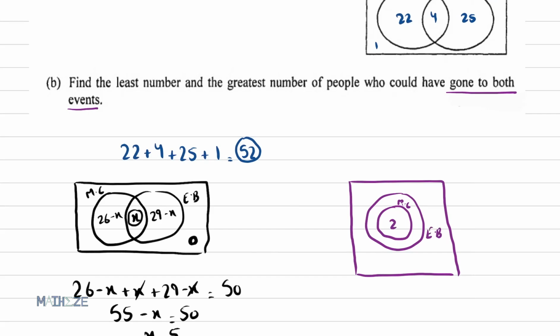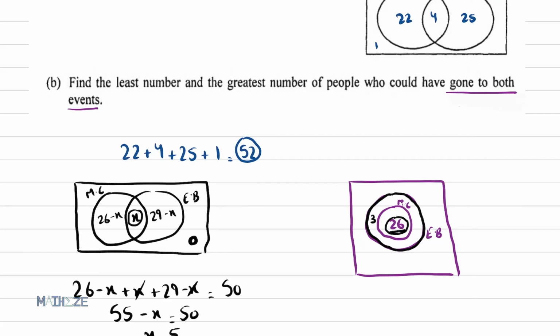In morning cruise, how many people were there? 26. In evening barbecue, there are total 29 people. 26 are already here. So how many more needed? 3. These 26 people represent that they are going for morning cruise also and evening barbecue also.